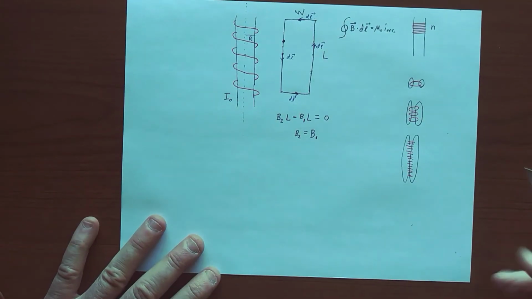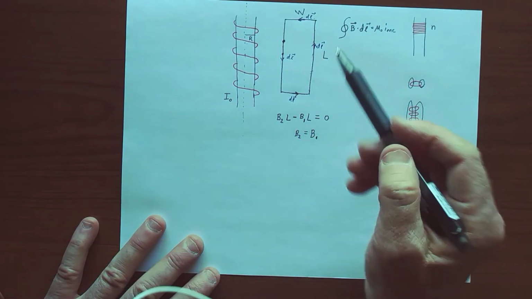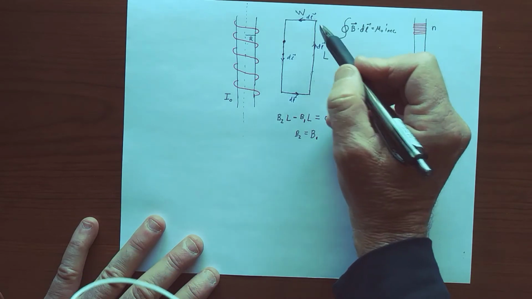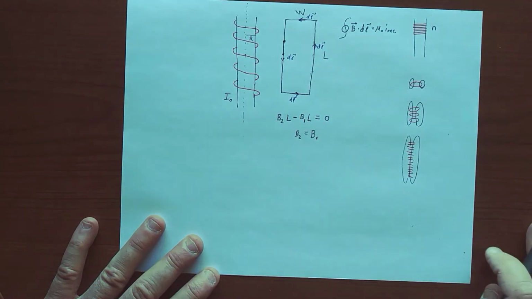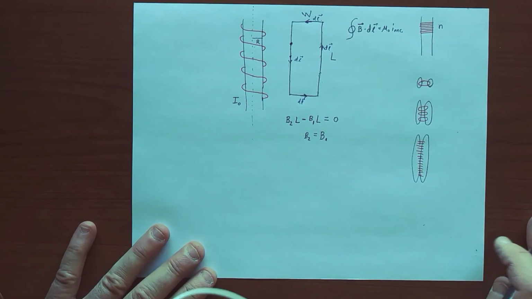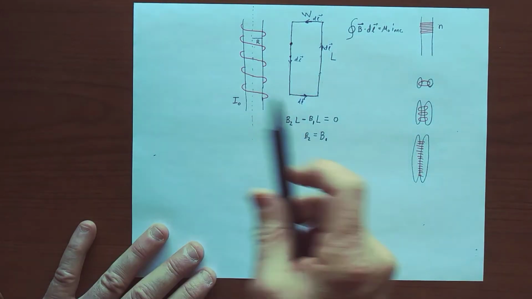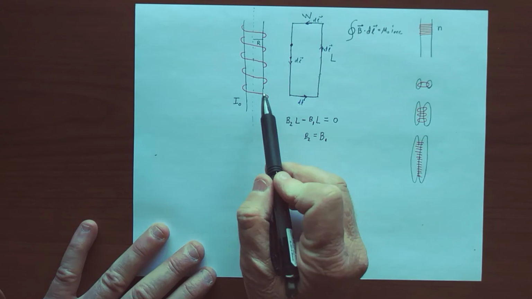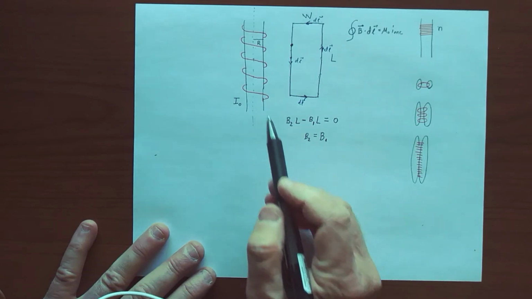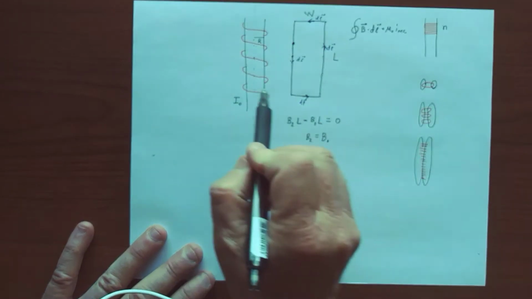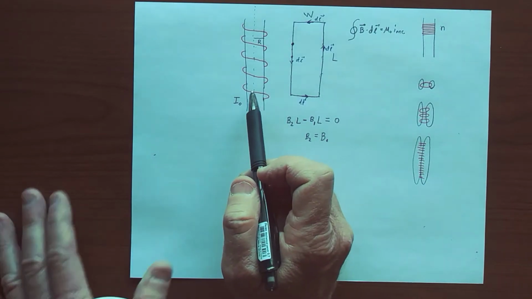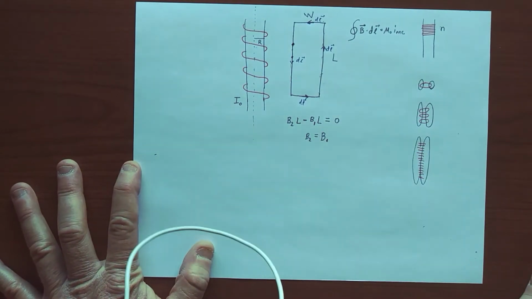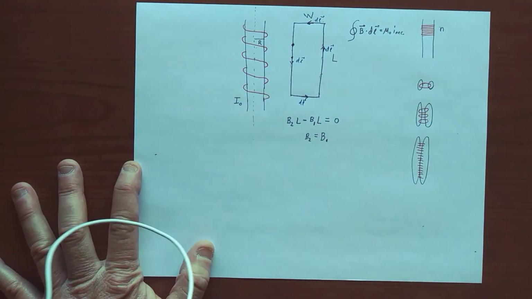But I could push this loop out, or take this side and push it out as far as I want, and the calculation would be exactly the same. Nothing would change. But I created this magnetic field from the infinitely long current-carrying wire, so I know that at an infinite distance away, the magnetic field is 0, because the magnetic field of the infinitely long current-carrying wire goes to 0 at an infinite distance that way.